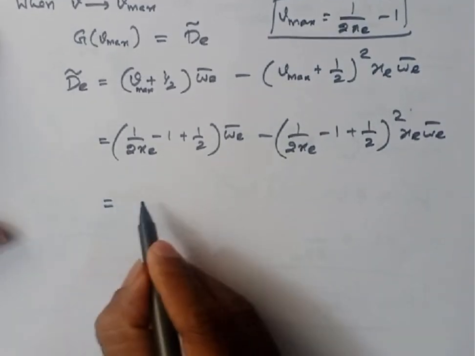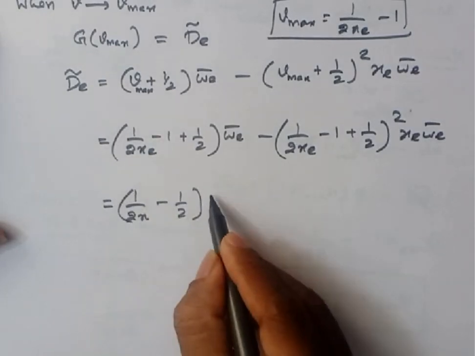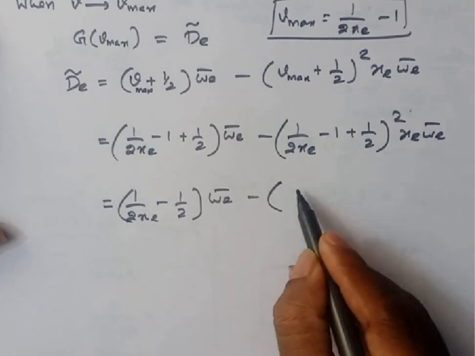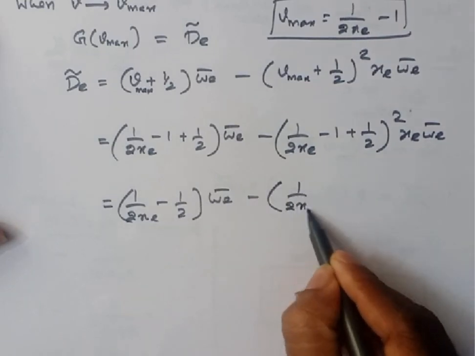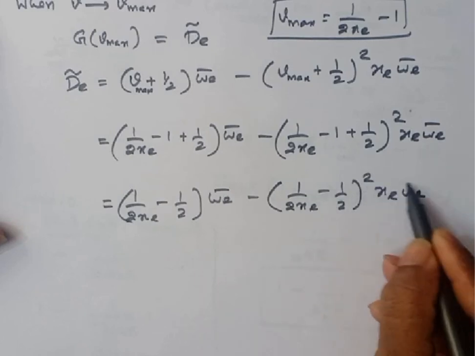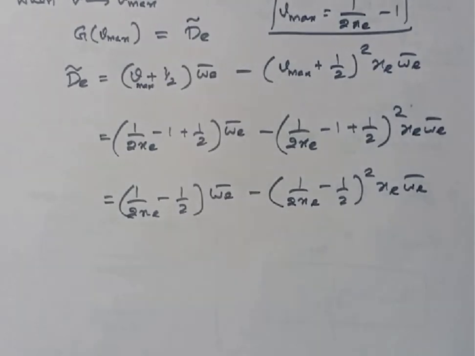So what we get is 1 by 2 Xe minus 1 by 2, into omega e bar, and here also 1 by 2 Xe minus 1 by 2 whole square, into Xe into omega e bar. Students, up to this, any doubt? Just go through this carefully.